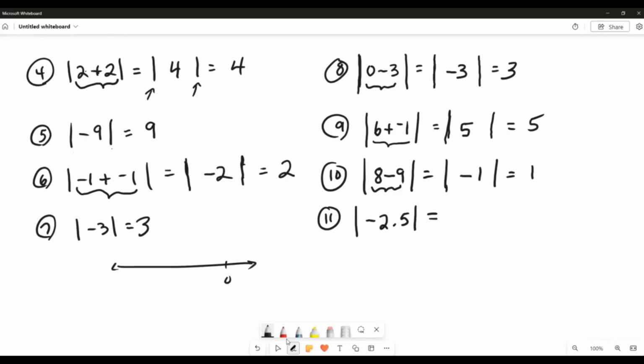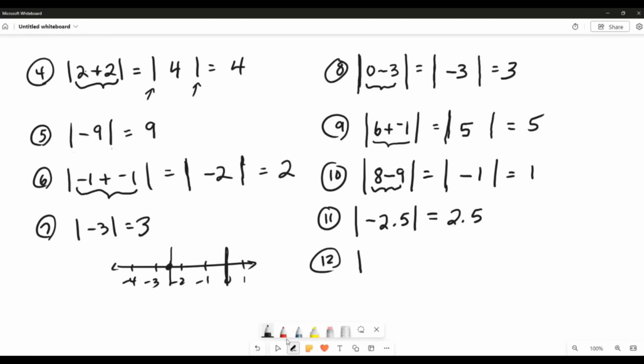Let's say 0 is here and 1 is here, and we go to -1, and here's -2 and -3 and -4. -2.5 would be right there. We're still asking how far is that from 0? Well, it's 2.5 units. So it doesn't matter if it's a fraction or a decimal, they stay fractions or decimals.